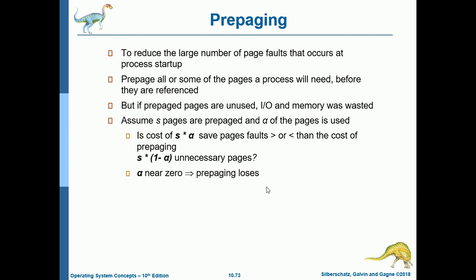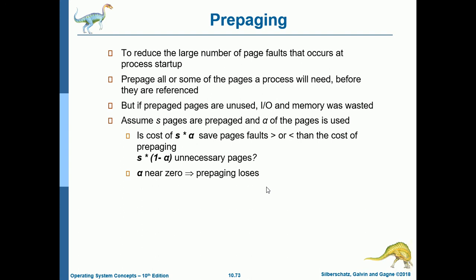Pre-page all or some of the pages a process will need before they are referenced. But if pre-paged pages are unused, the problem is that I/O and memory were wasted. Assume S pages are pre-paged and a fraction alpha of the pages is used.